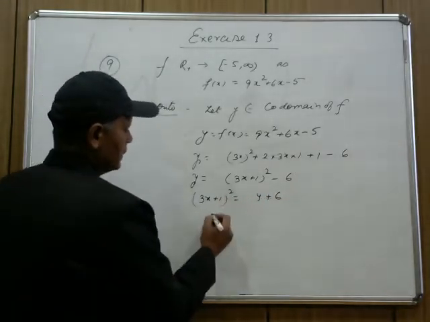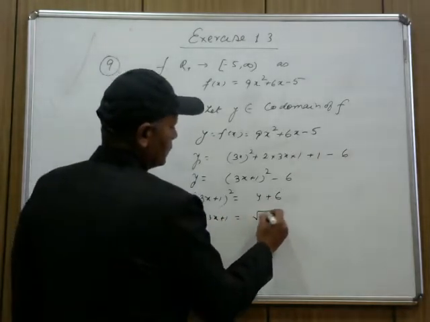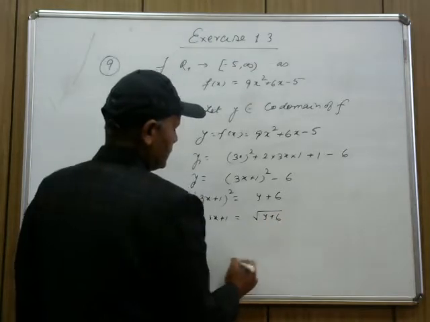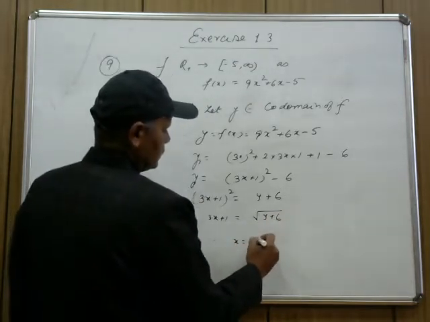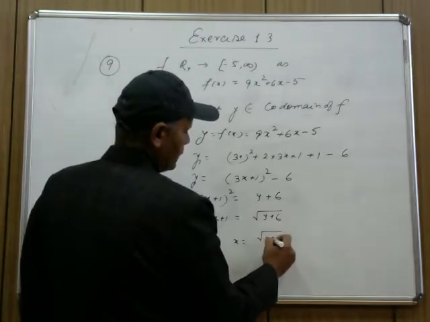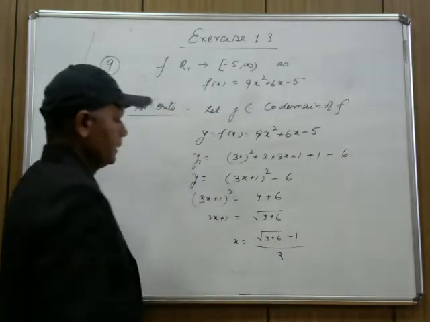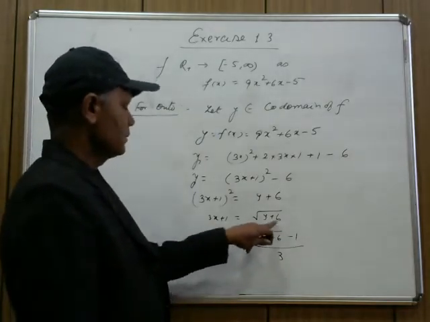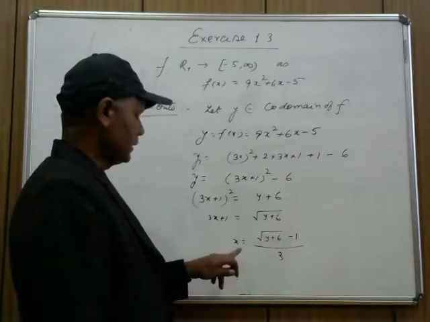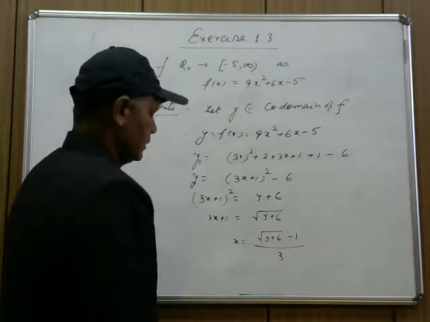Therefore 3x plus 1 is equal to under root y plus 6, and therefore I can write x is equal to (under root y plus 6 minus 1) upon 3.